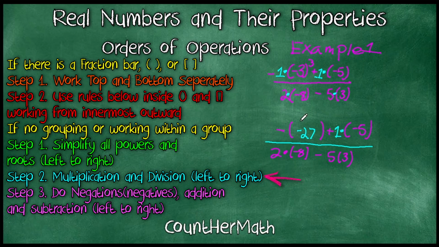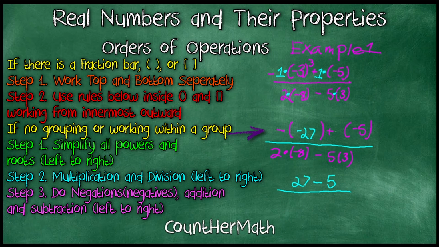This is multiplication, so it's part of our multiplication steps. Negative times negative is a positive, so that leaves us with +27. Then we have +1 times -5. It could also just say plus -5. When we have two operations side by side like this, that tells us we're actually subtracting. We can also think of it as +1 times -5, which leaves us with -5.